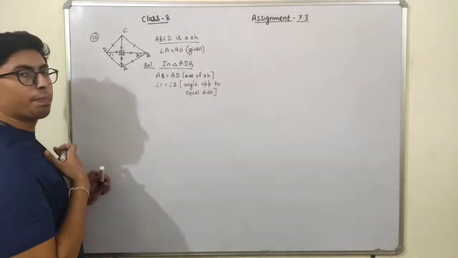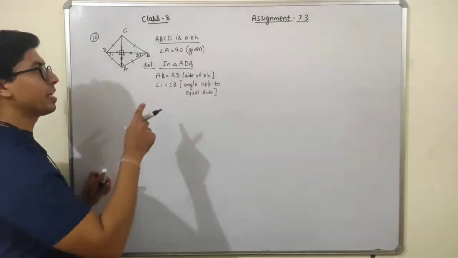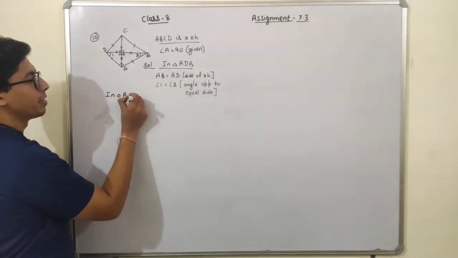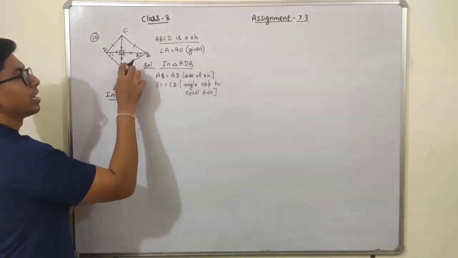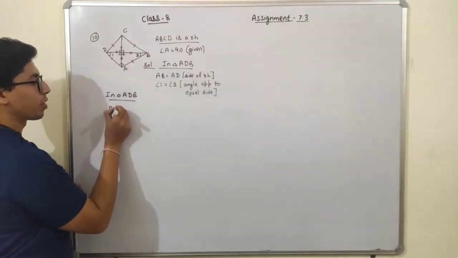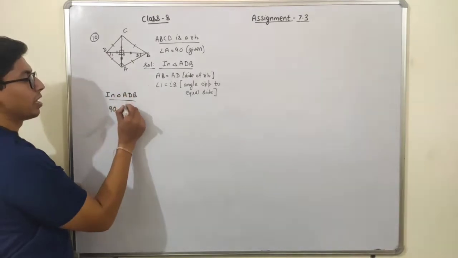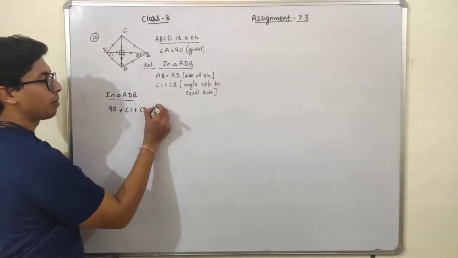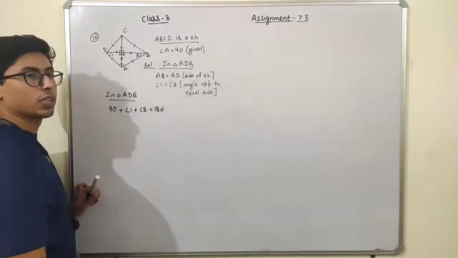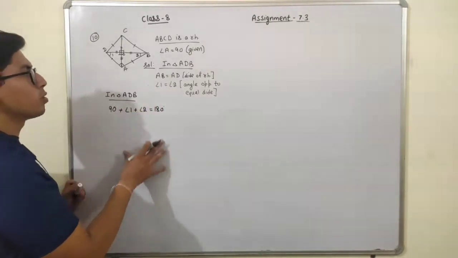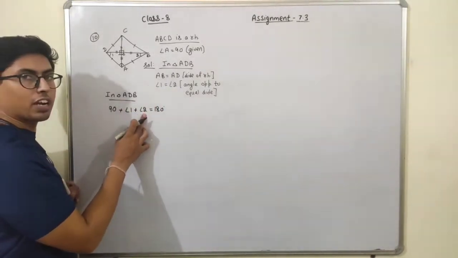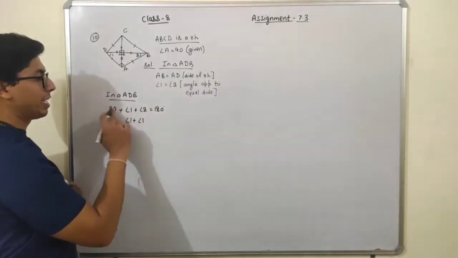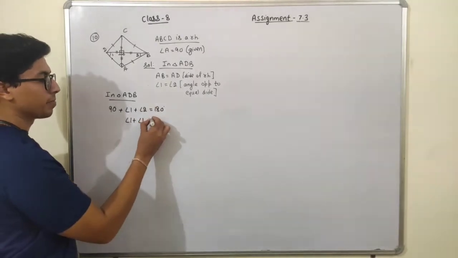Now students, I can apply the angle sum property in this triangle ADB. See, this angle is 90 degrees, this angle is 1 and this angle is 2. So the sum of these will be 180 degrees. Now angle 1 is equal to angle 2, so I can put the value of angle 2 as angle 1. 180 minus 90 is 90.